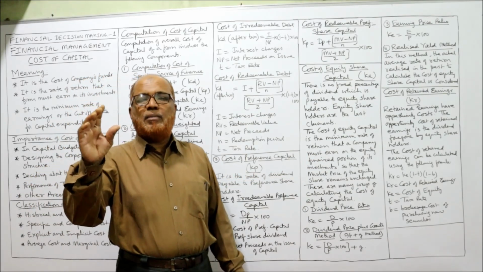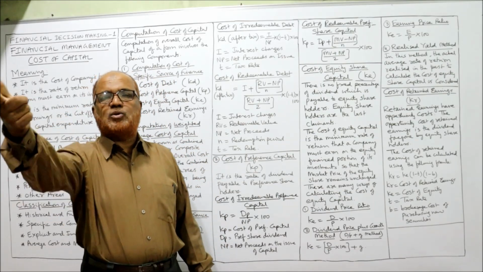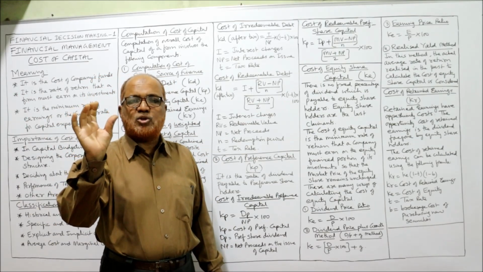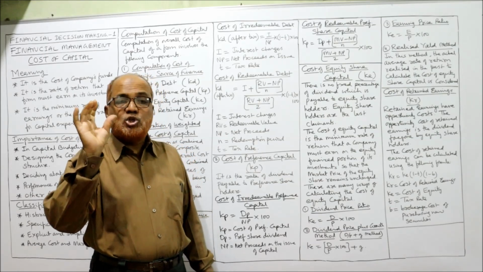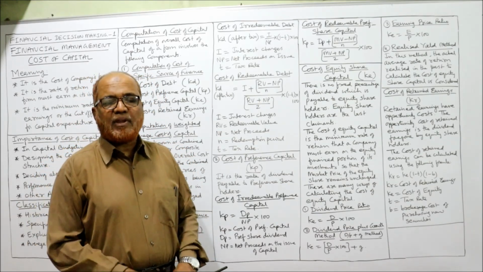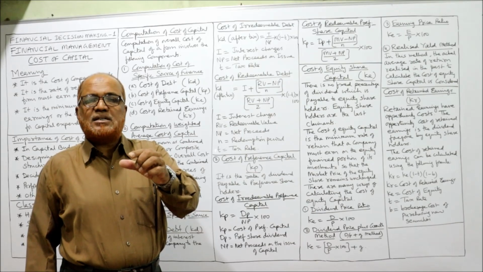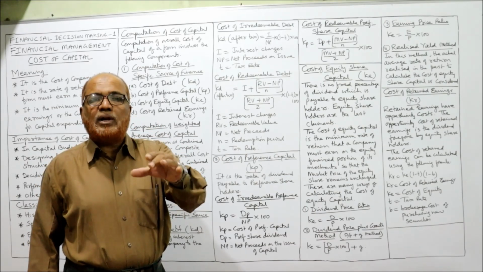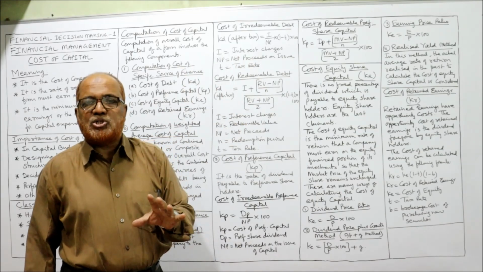So what is the minimum rate of return that must be paid to equity shareholders so that the market price of the share remains constant and does not decrease? That means the company must pay a minimum rate of dividend, then only the market price of the share will not get changed.